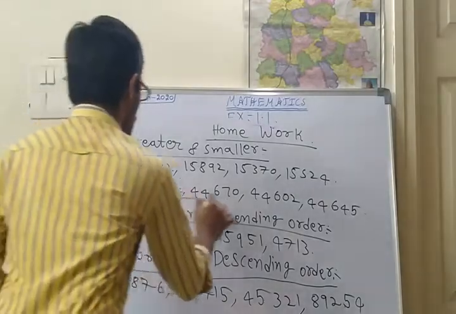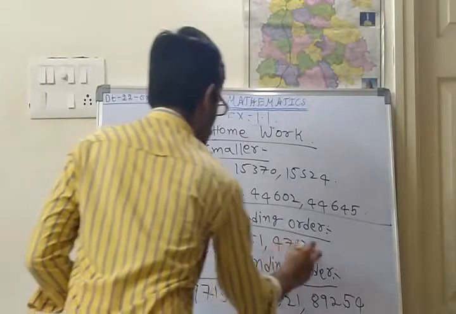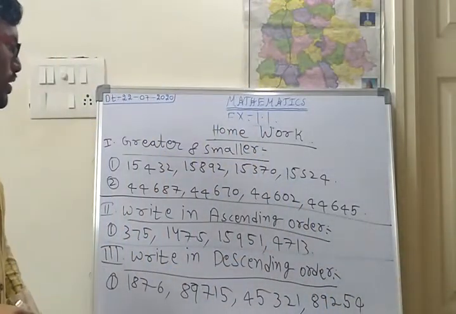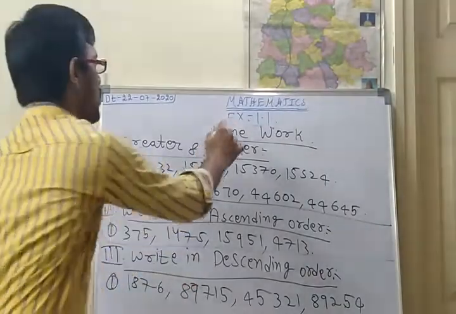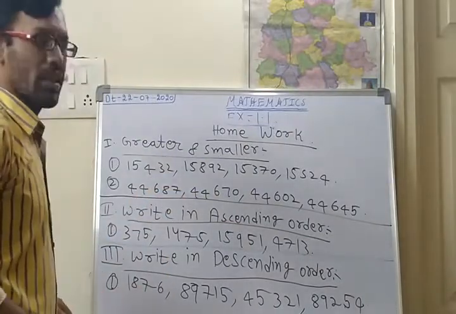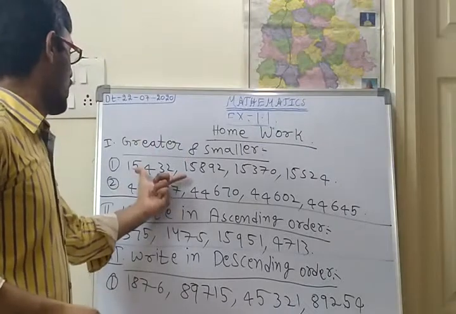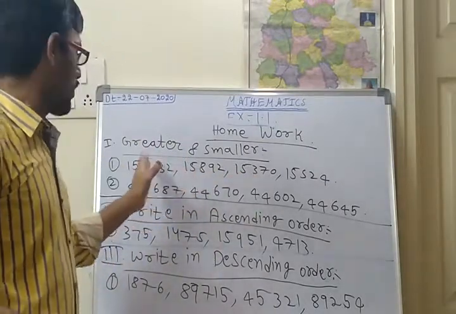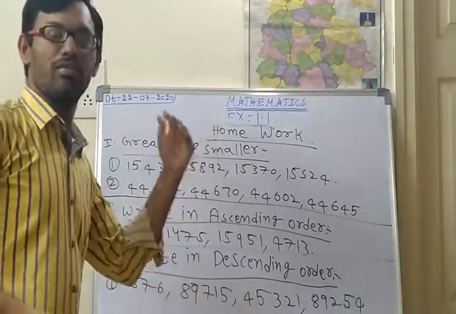You identify and do these problems as homework. I think you are understanding these concepts. If you understand this, we shall go with the next exercise in the next class. For the greater and smallest number, first count the number of digits, then afterwards use the first method or second method.